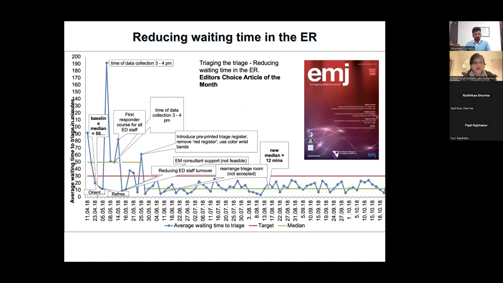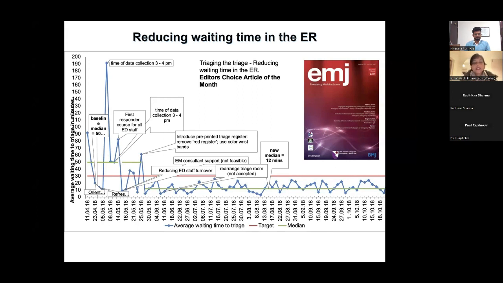Over a period of time, they did lots of different things and tried small ideas, and then they reduced it to less than 15 minutes. You can see all the changes have been marked. For some of them, they're saying not feasible, not accepted, right? That is very normal. When you're trying to improve a system, some ideas will work, some ideas will not work.